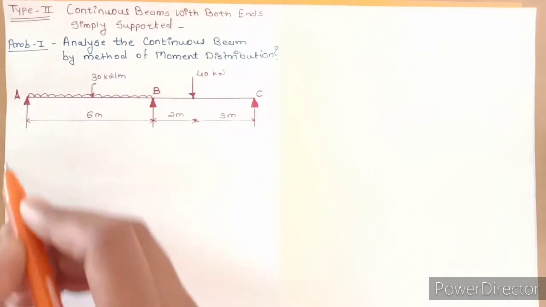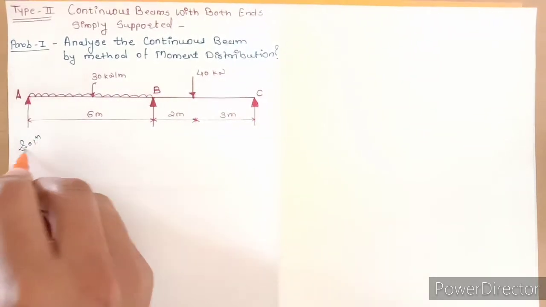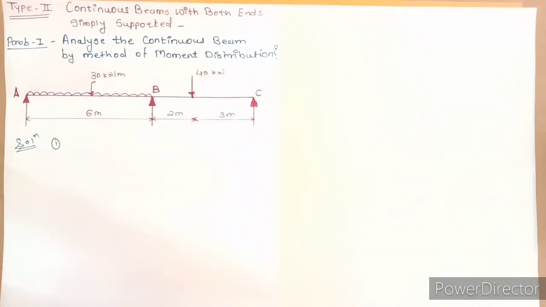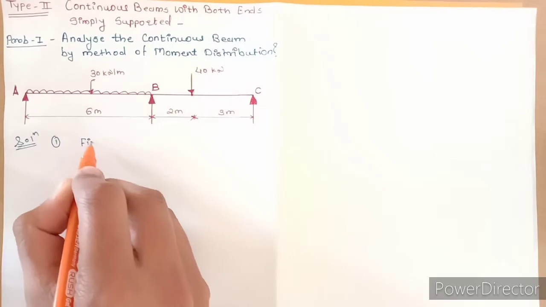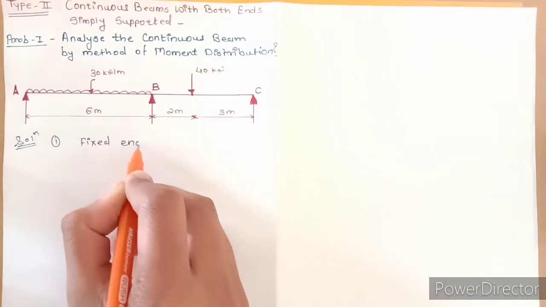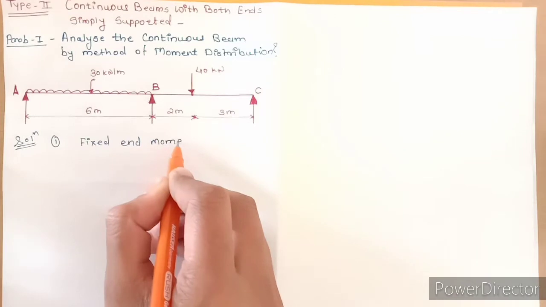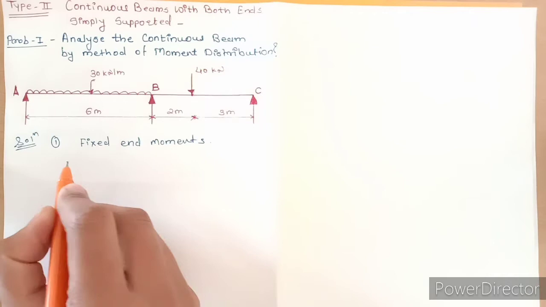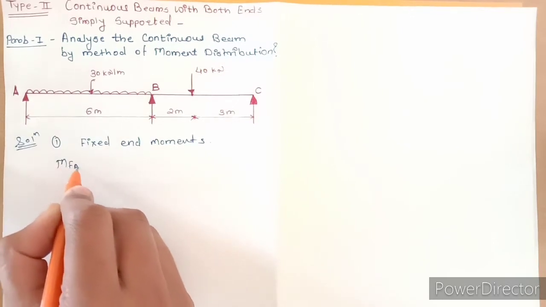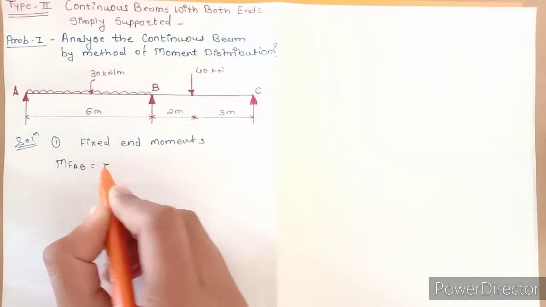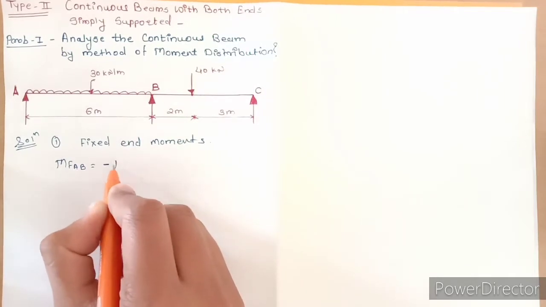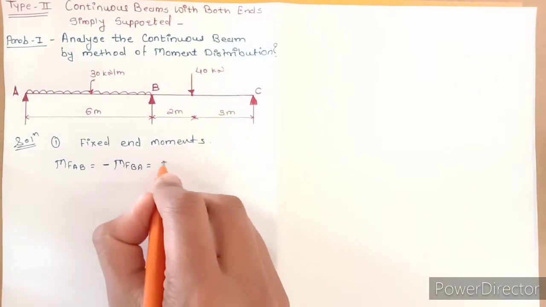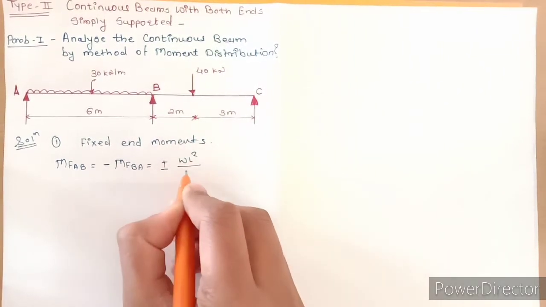Then the solution. In the first step, we find the fixed end moments. First, the fixed end moment for member AB is equal to the fixed end moment for member BA, and the formula is WL square divided by 12.